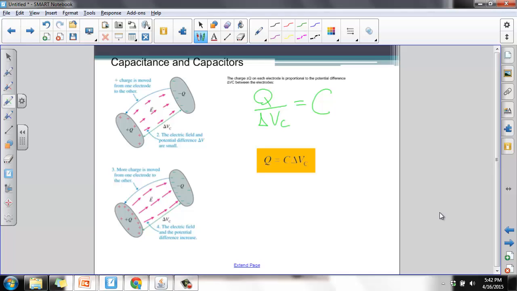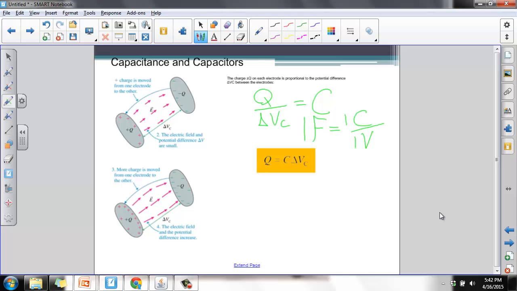That is the capacitance. The capacitance is measured in a unit called the farad. 1 farad is equal to a coulomb per volt. And normally, capacitances are very small, picofarads to microfarads.